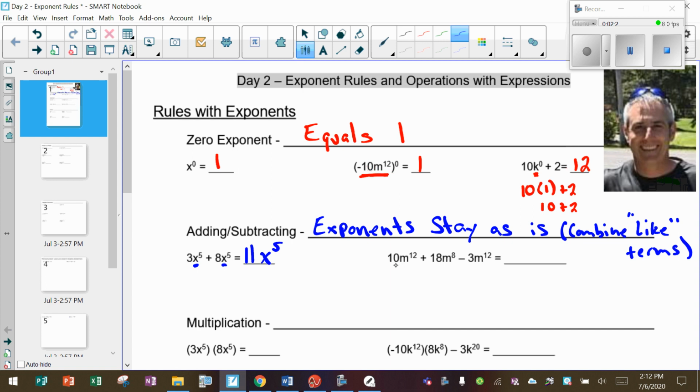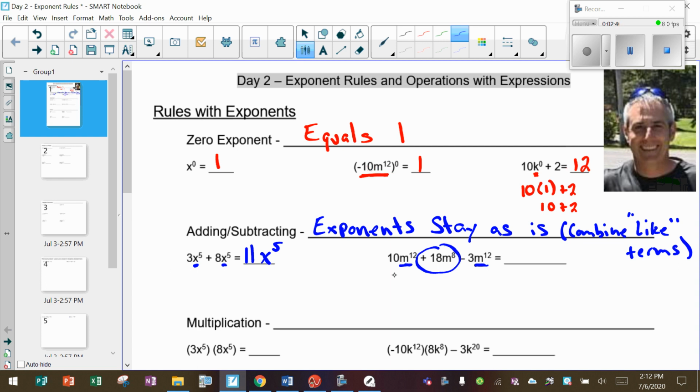Second example, 10m to the 12th plus 18m to the 8th minus 3m to the 12th. You only combine the ones that have the same variable and same exponent. The other one that's different will not change.